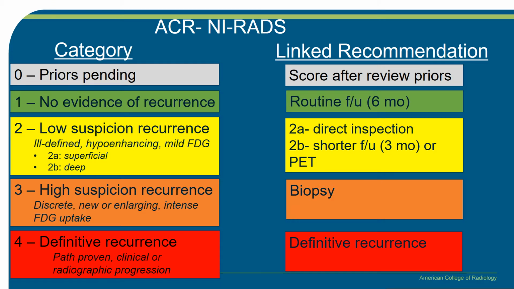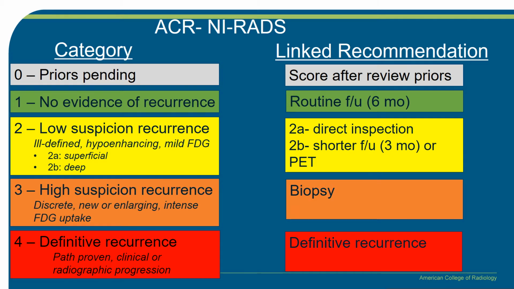Category 2, low suspicion, and as we'll discuss, we divide these into a 2A if it's superficial, because that's really in the purview of our surgeons to assess, and then 2B if it's deep, because these are the deep, ill-defined abnormalities that we just need more data to decide whether it's no evidence of recurrence or whether it's high suspicion. And usually that more data comes with shorter follow-up or a PET.